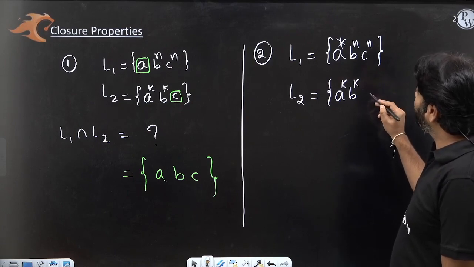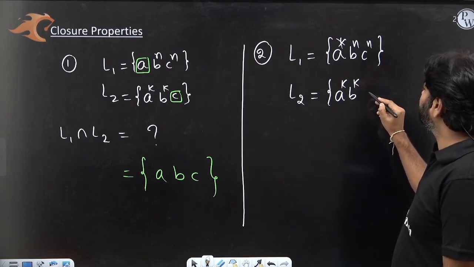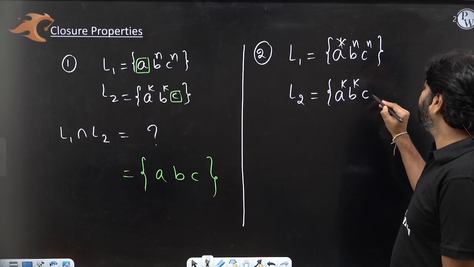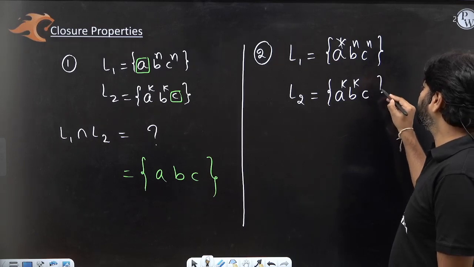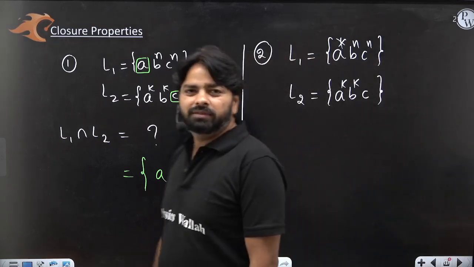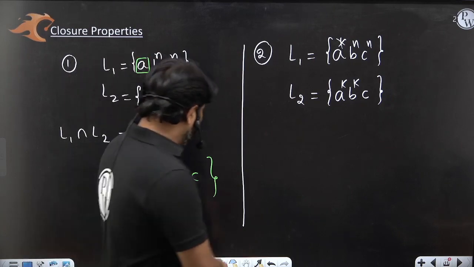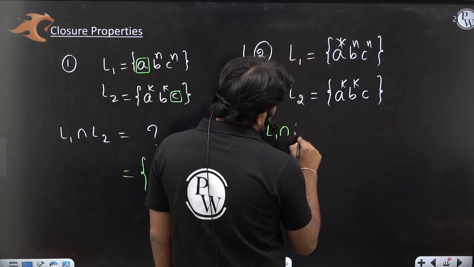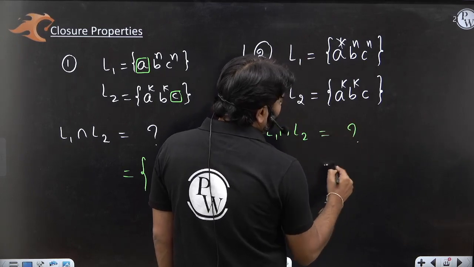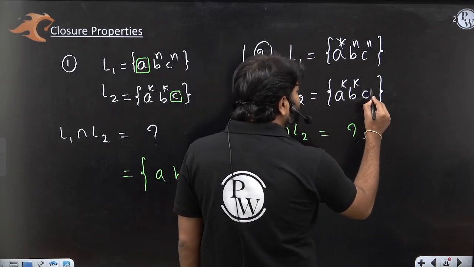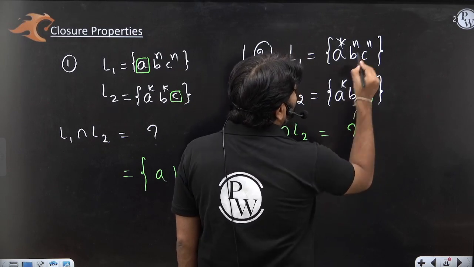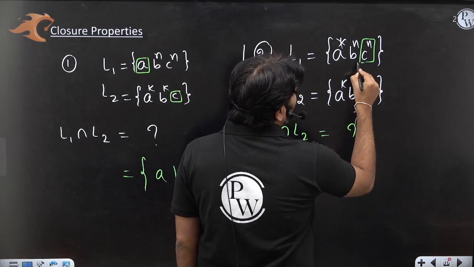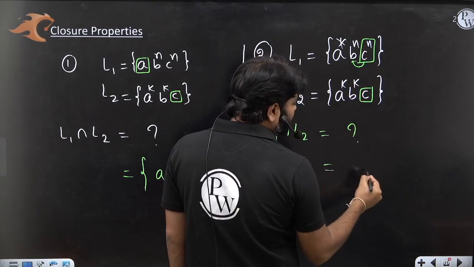If I write c star, you may answer it very quickly, I guess. Then let's look at what is the intersection, L1 intersection L2. What is it? See here, what is a must? One c. When you put one c here, this makes one b. So you got the answer.